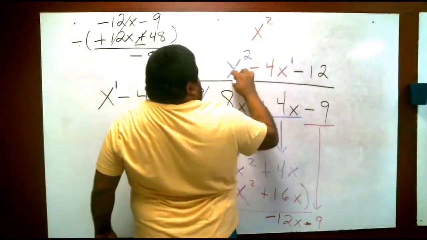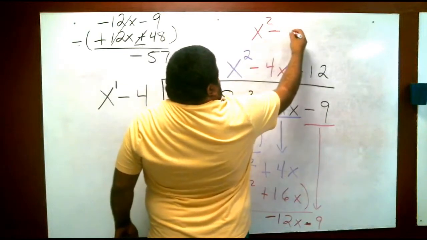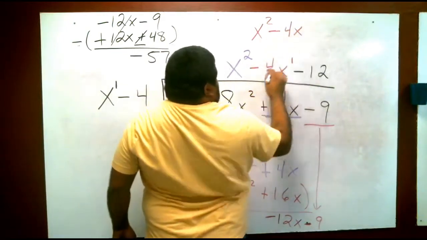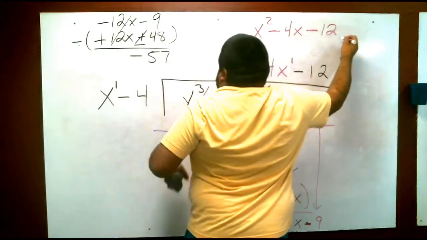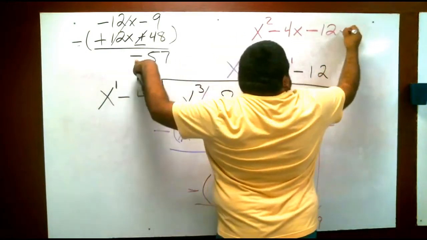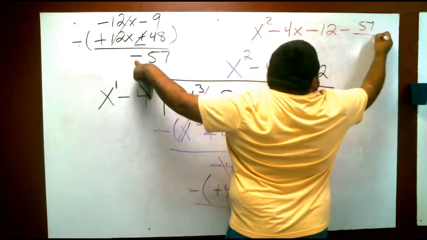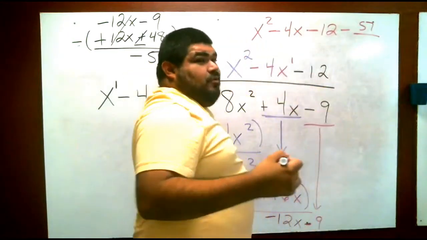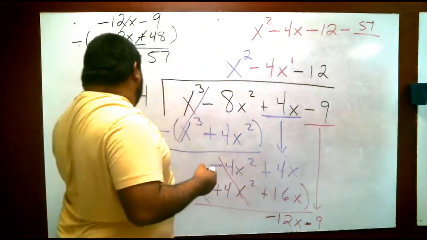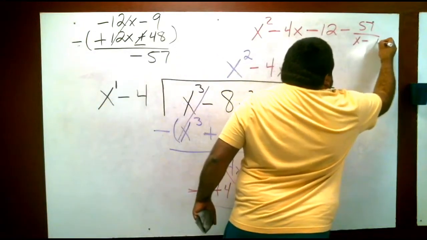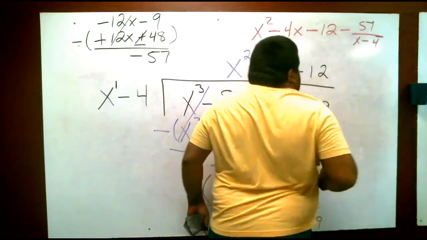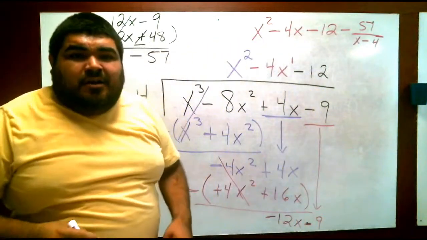X squared minus 4x, okay, minus 12 minus 57 over the number you're being divided by, which in this case is x minus 4. X minus 4. Okay? And that is our answer.